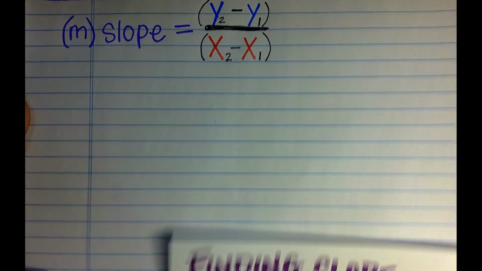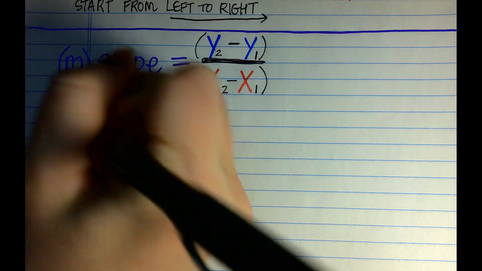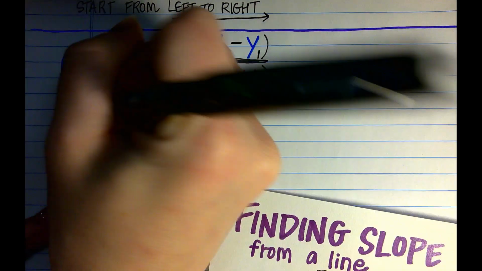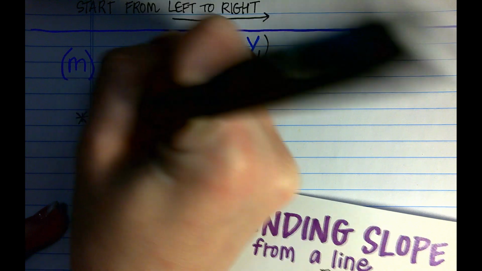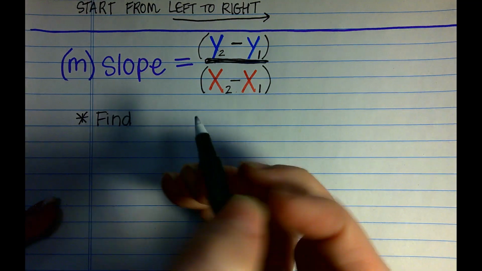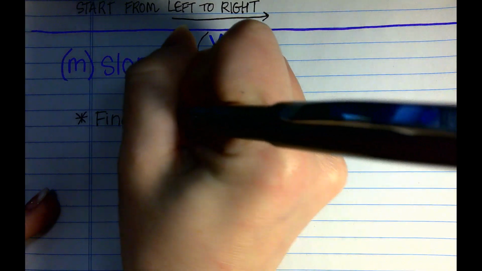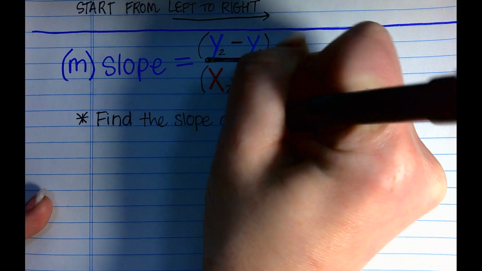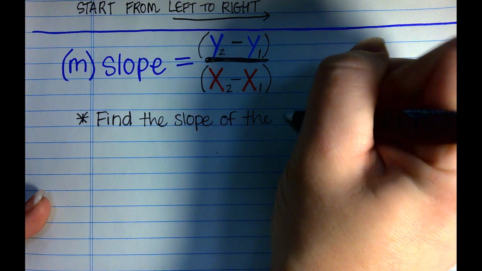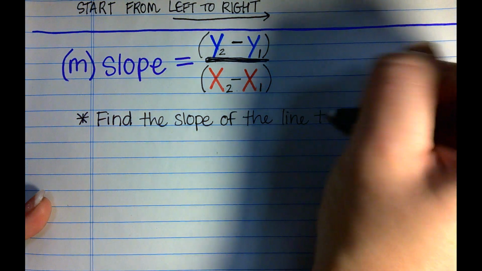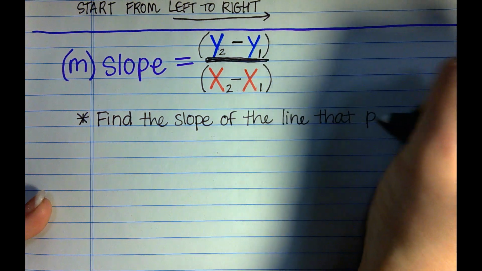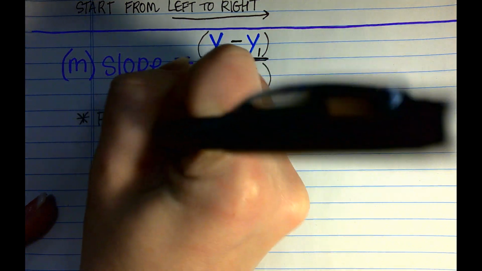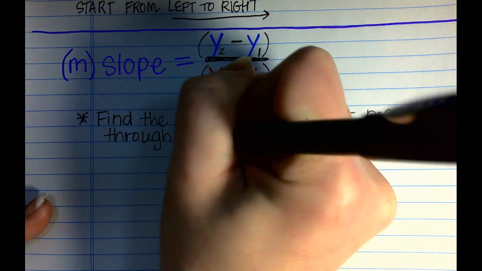So we might have a problem that looks like this. I might say, find, and don't worry about writing this yet. I will give you lots of time to in a little bit here. Find the slope of the line that passes through the given points.